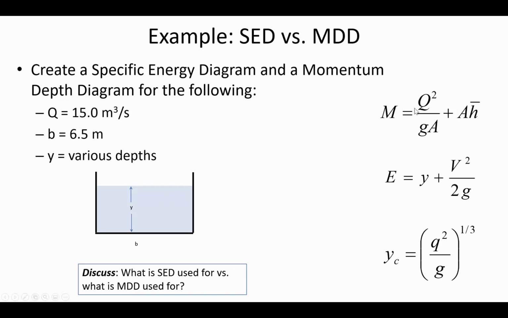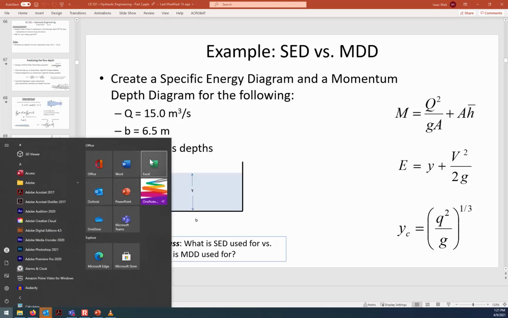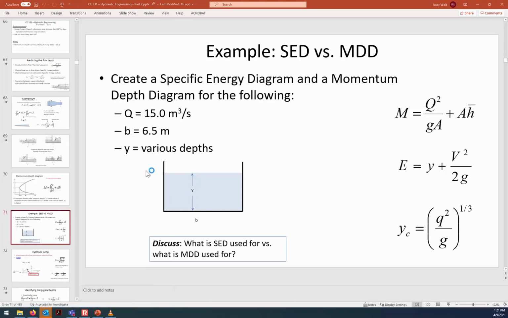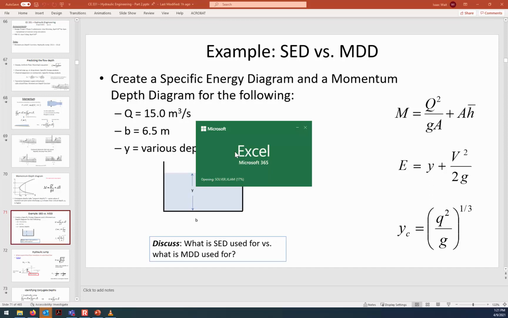Let's take a look at creating a graph that has depth on the vertical axis, and on one figure we'll graph the momentum function, on the other figure we will graph specific energy, and we'll talk about how you would use each. So let me just do a quick print screen here so that when I start up Excel I can just paste this example slide into Excel. You can follow along if you like, or you can just watch, and that's also completely fine.